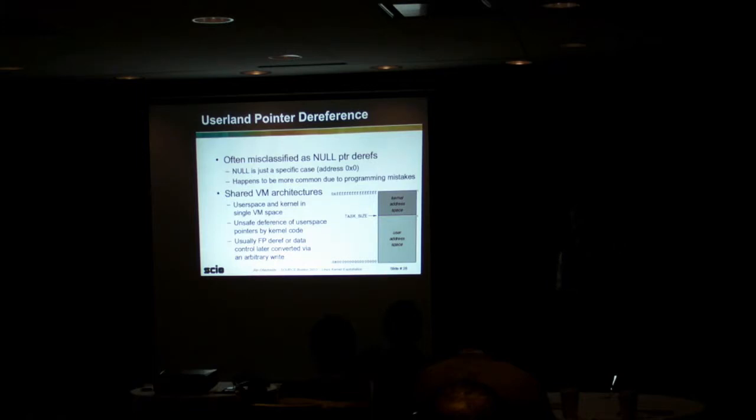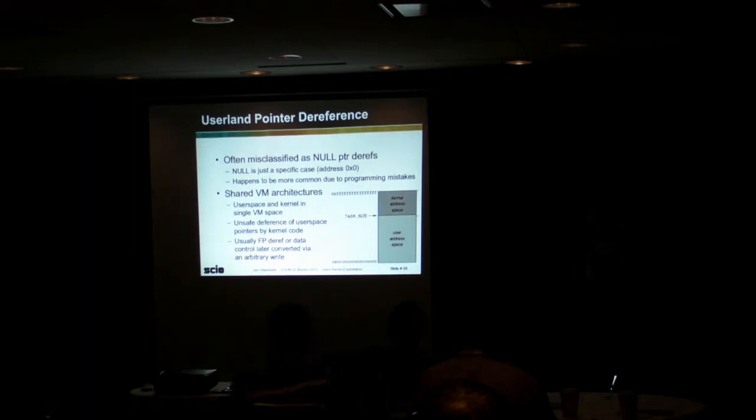But what can happen is when you call into the kernel code, if you can trick kernel functions into dereferencing a pointer into your user address space and you control the data at that pointer, you can do some interesting things. So traditionally, this is done with a function pointer dereference, where the kernel will attempt to call a function located at an address that's controlled by user space, which essentially means you put your shellcode there, and it will jump there and execute your code with the permissions of the kernel.